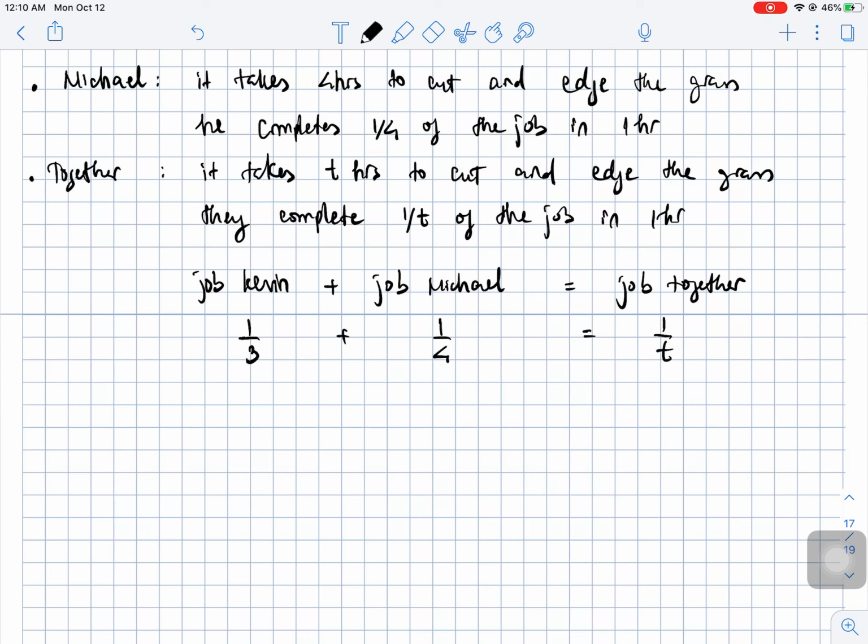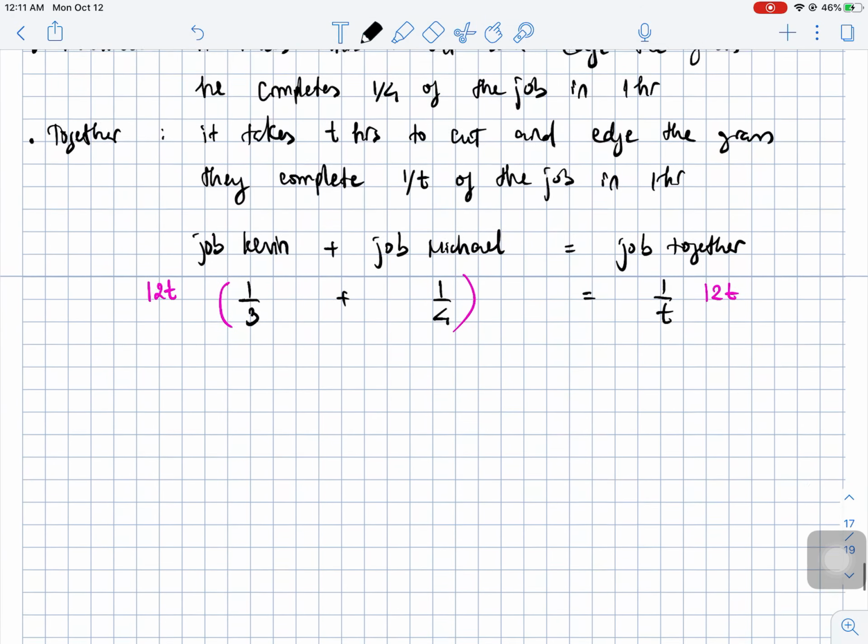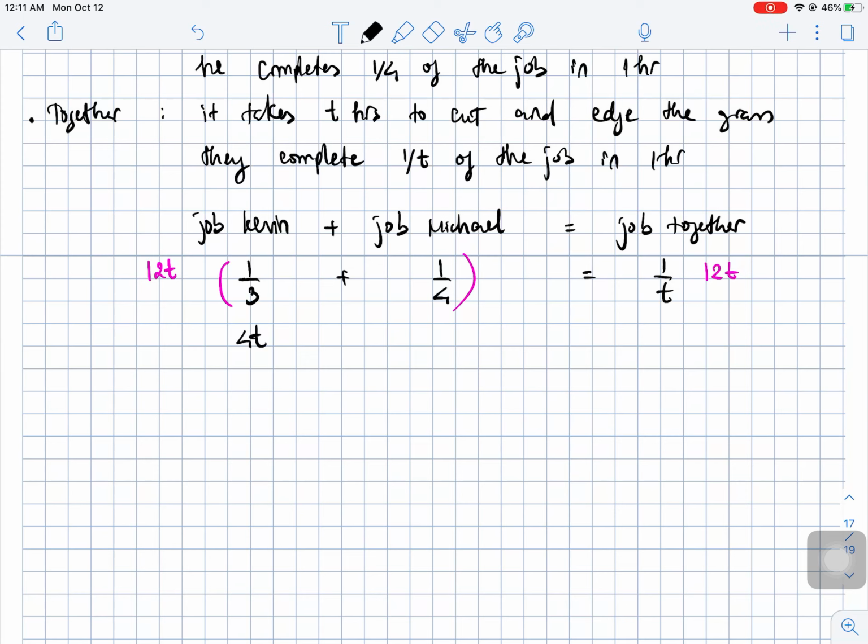T is the variable and it is in the denominator. So we recall from the section before how to solve a rational equation containing fractions. We get rid of the fractions by multiplying both sides by the LCD, which is 12t.